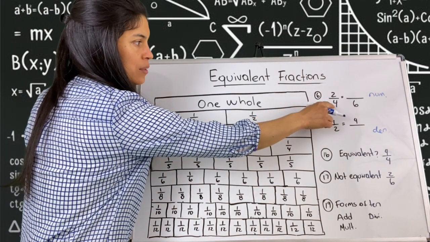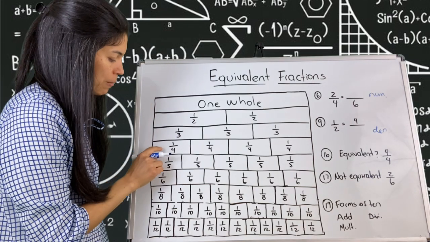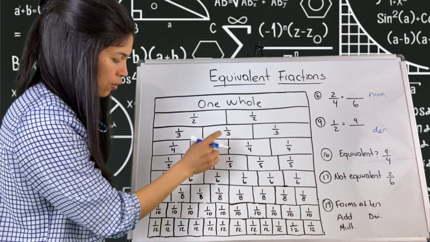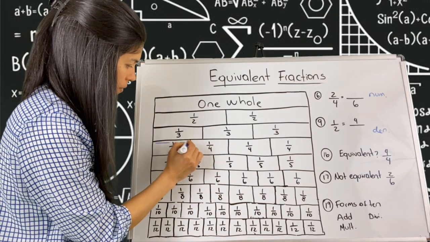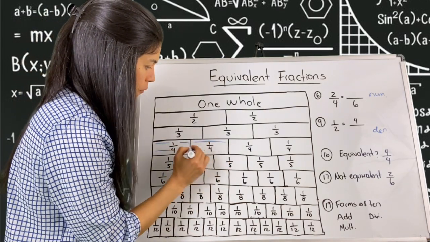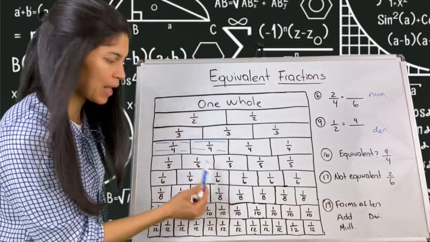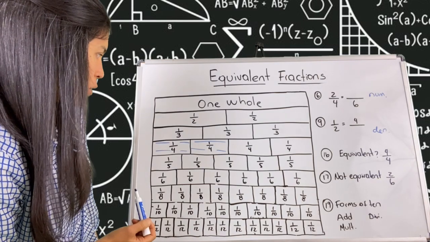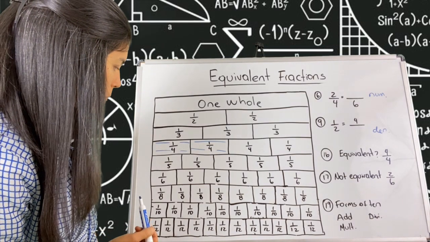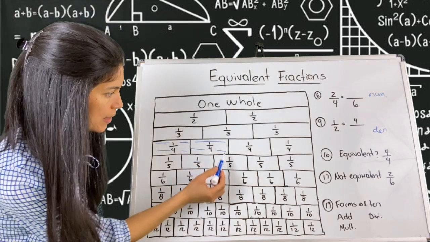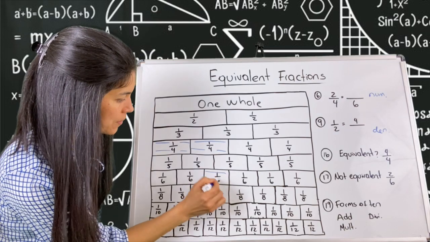Since I know that the whole has been divided in 4, I need to go to the fourths strip and grab 2 of those. It means that this whole section is what we are talking about, 2/4. And what other fraction is the same as 2/4? Over here, I could say 2/4 is the same as, if you see this line, this other one.